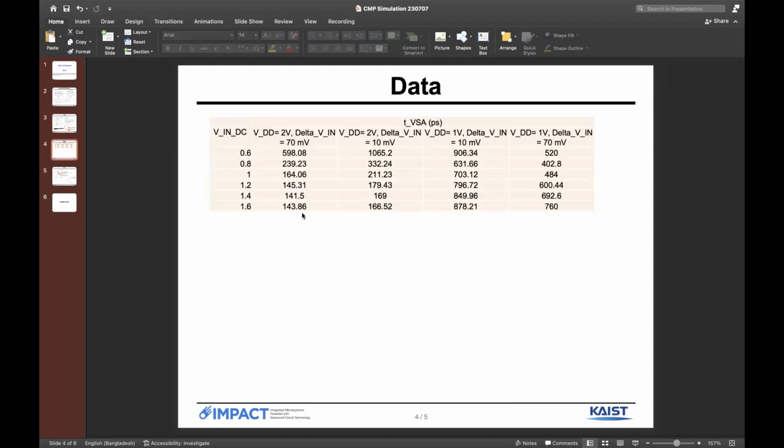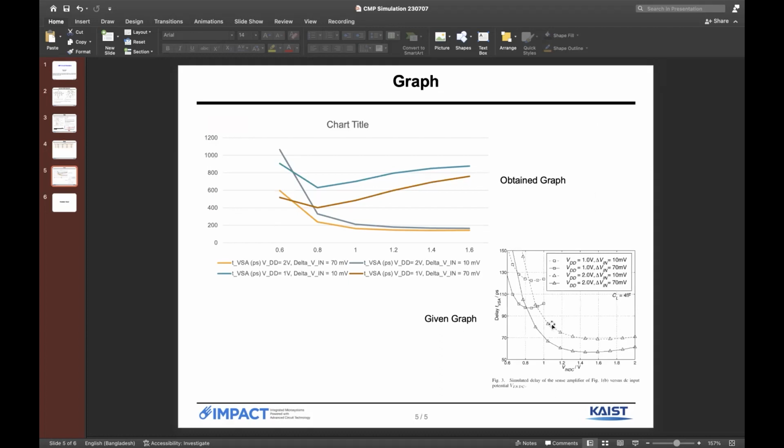This is the data that I got by simulating. I took four cases: VDD equals 2 volts, delta Vn equals 70 and 10, and so on. For these four cases I measured TVSA for different V induced, and this was the graph that I got. I have also included the graph from the homework slides for comparison.